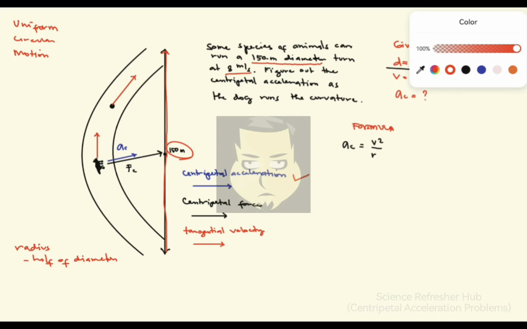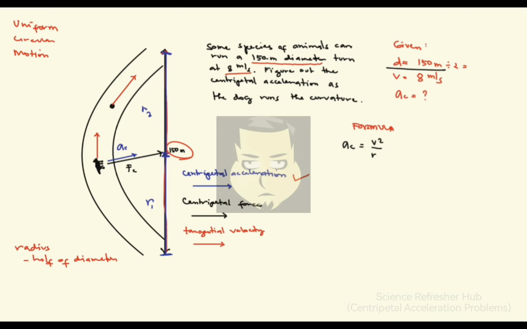So we can put it this way. From the center, this is one radius, let's say r sub 1, and we have also another radius here, our r2. If we add this r1 and r2, we get 150 as the diameter. So what's half of 150?